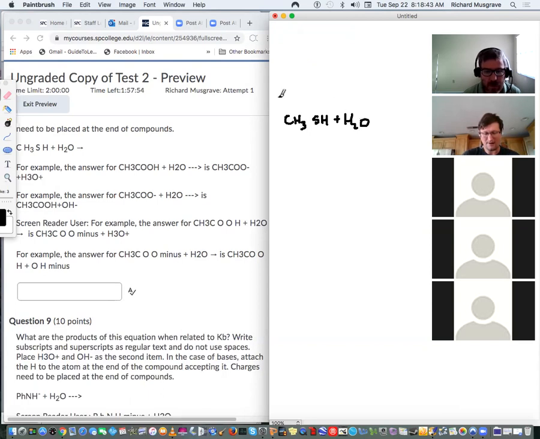Okay, so that's for KA. And the other one is KB, and that's going to be pH, NH negative plus water.